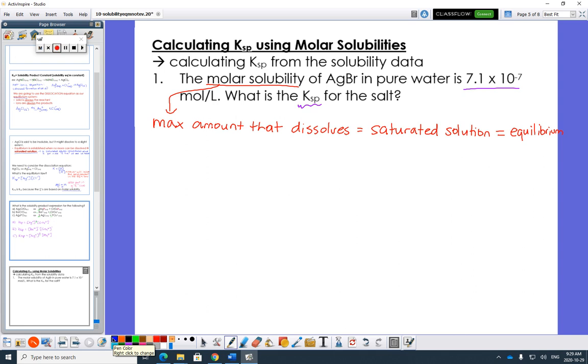I've given you what silver bromide is. Put the solid on the left and split it apart.